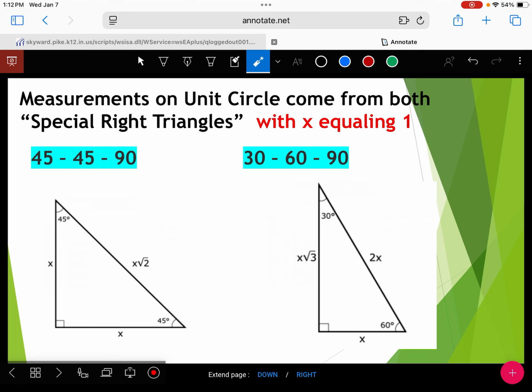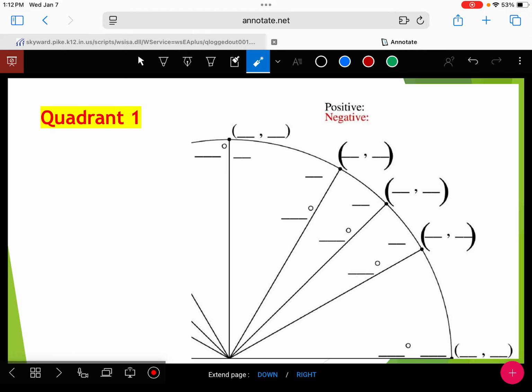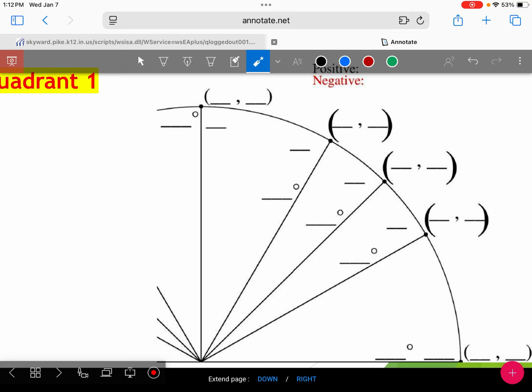And also, really quickly, the unit circle is based off of the 2 special right triangles from geometry. Who remembers 45, 45, 90, 30, 60, 90? You don't have to know how to find them, but just so you know, that's where the coordinates are coming from. All right. So we start off with 0 degrees.